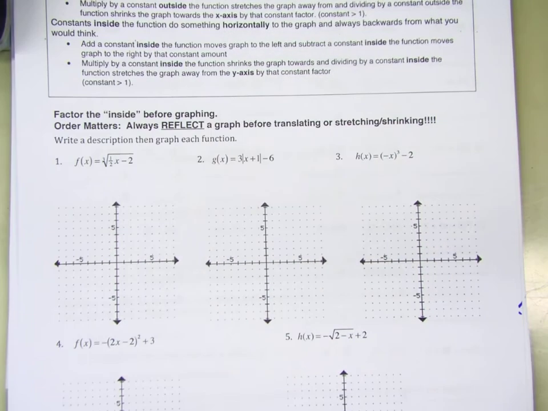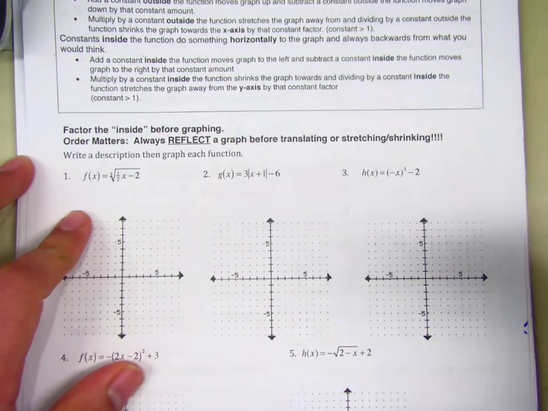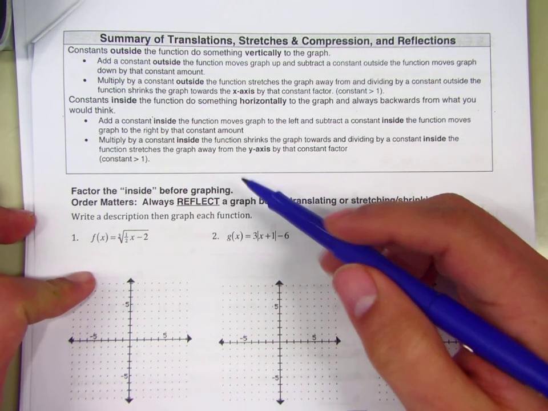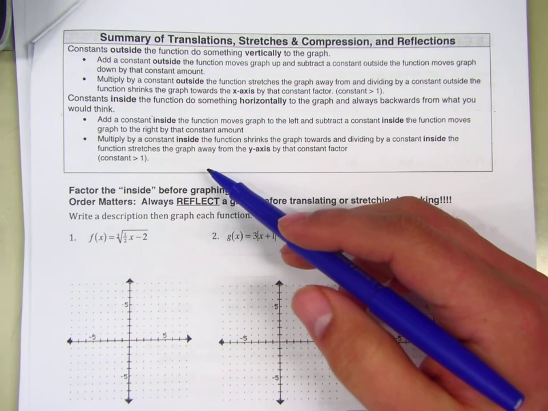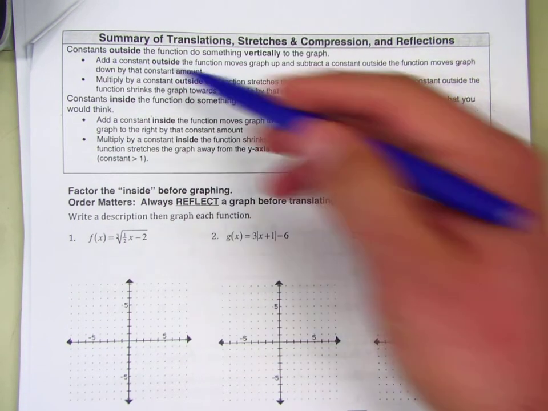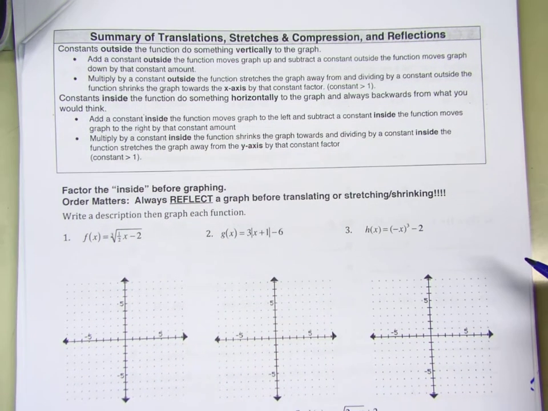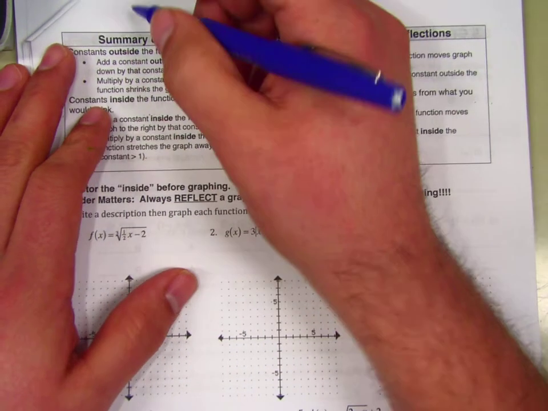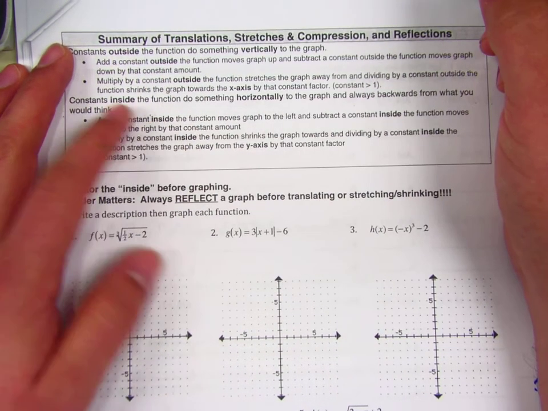So let's actually just work through this page. This box has it all written out for everything that we've talked about, how the numbers on the outside do certain things, numbers on the inside do certain things. It's all written for you in case you need to go back and you forget. Okay? Now, proper order.